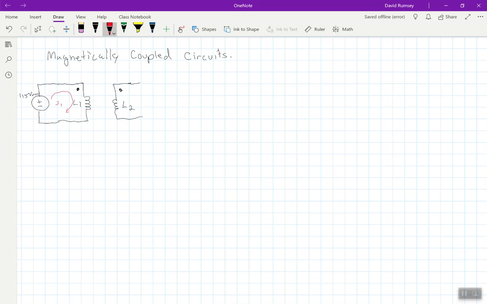Now, we can go through and look at all the calculus equations and see what's going on, but the simplest thing to think is that when you have an alternating current through an inductor, you create a magnetic field.